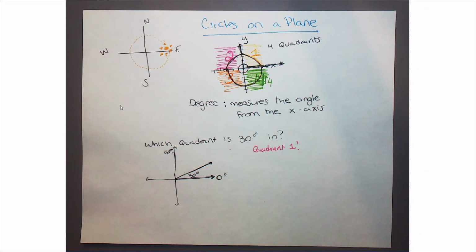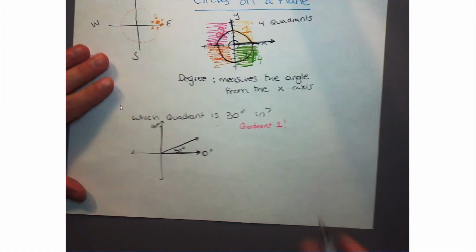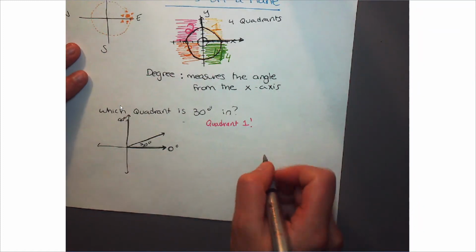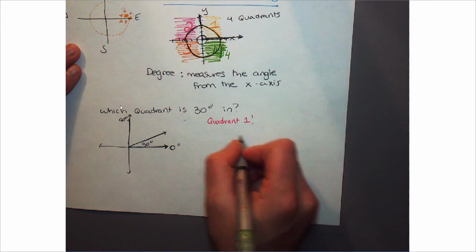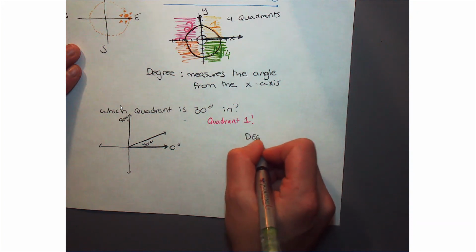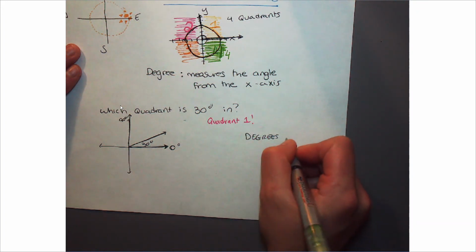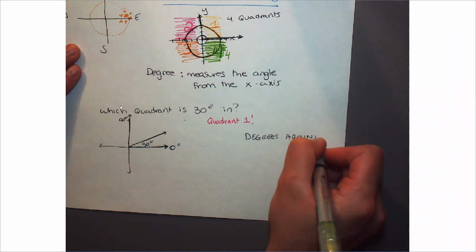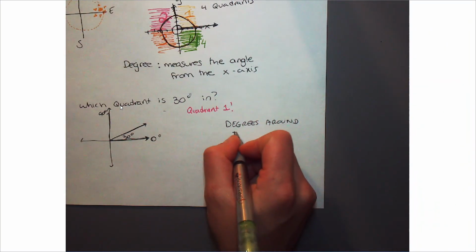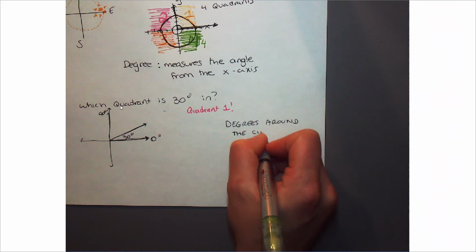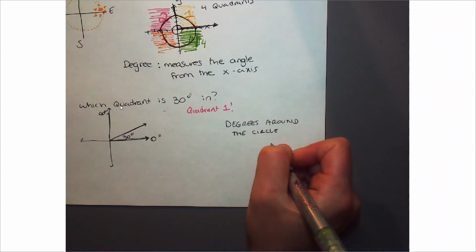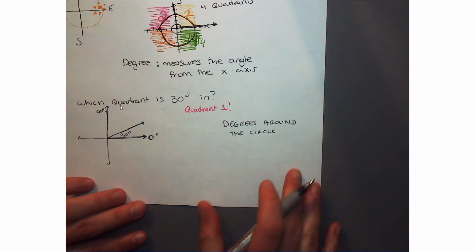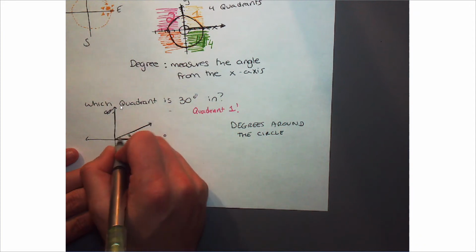Let's make ourselves a little reference. What I want you to do right now is build out your degrees around the circle. That way we'll know where the angle lands.